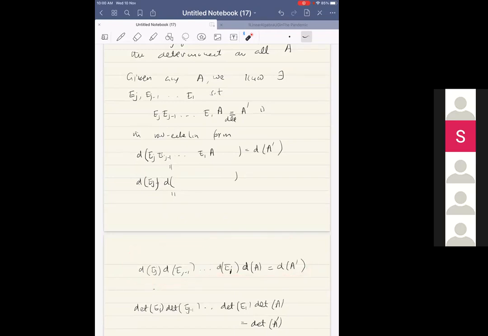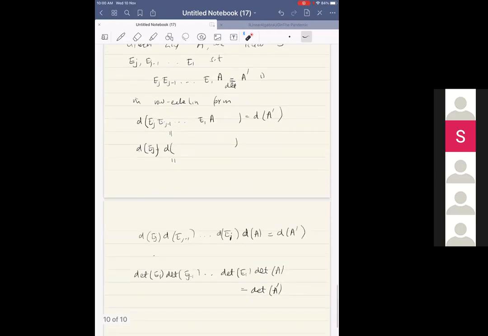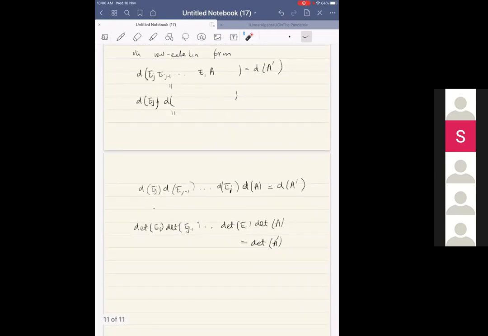So we get this result. Now det also, because it satisfies 1 to 3, will satisfy this equation by exactly the same argument. But the value of det on elementary matrices is the value of D on elementary matrices for any D that satisfies 1 to 3. And the value of det on row echelon matrices is also the same as the value of D on row echelon matrices.